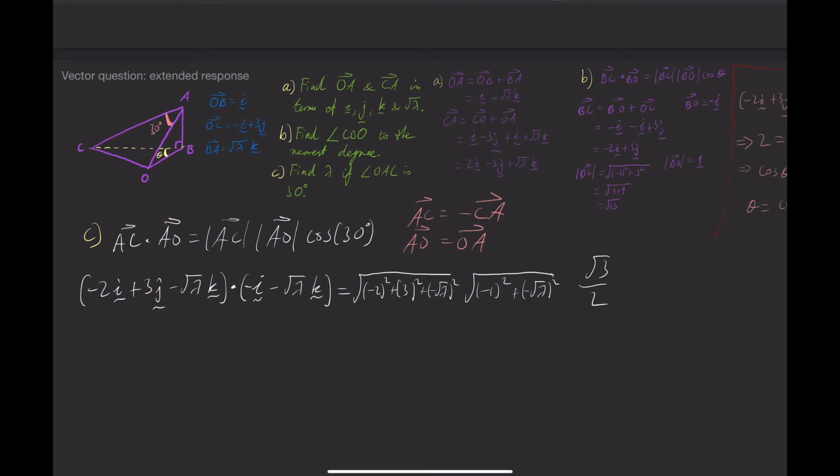All right, so let's take our dot product. So we have an i component, so we multiply the i components. There's no j component here, so this cancels. And then we multiply our k components.